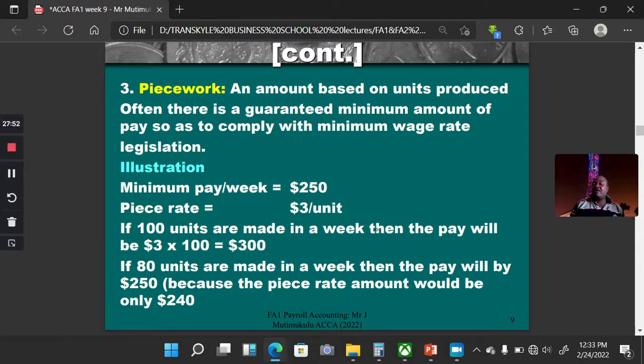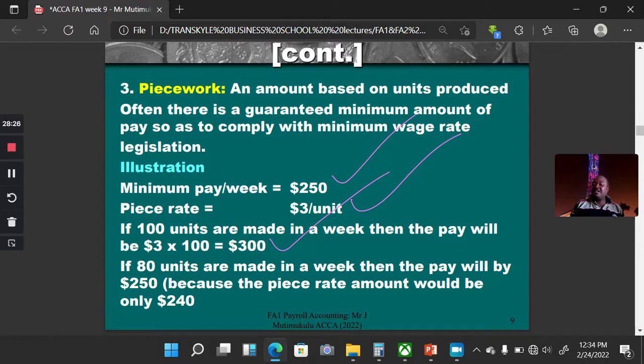For example, in a week, in this particular jurisdiction, an employee is entitled to $250, but the piece rate is $3 per unit, which means if the employee is very fast and so motivated, he can produce so many units. So if 100 units are made in a week, then the pay will be $300.